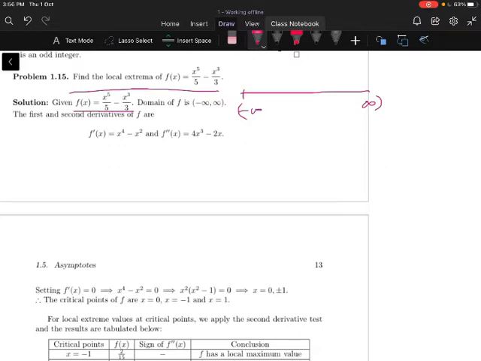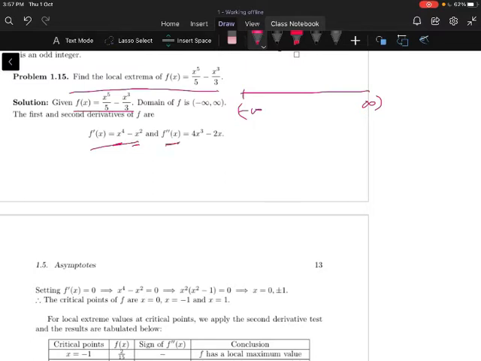Now let us differentiate this function. f dash of x equal to the derivative of x to the power of 5 by 5, which is 5 into x to the power of 4, and the 5 and denominator 5 get cancelled, that is x to the power of 4. The derivative of x cube by 3 is 3x square, and 3 and denominator 3 get cancelled, leaving minus x square.